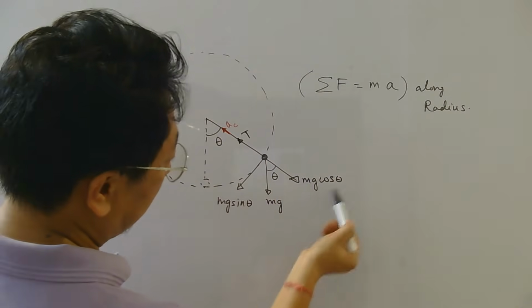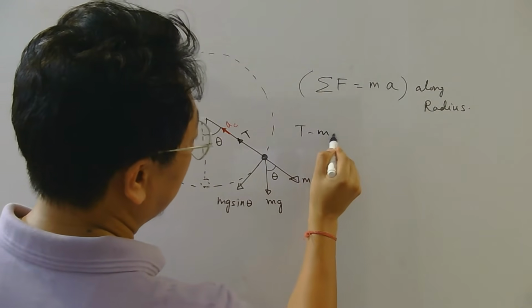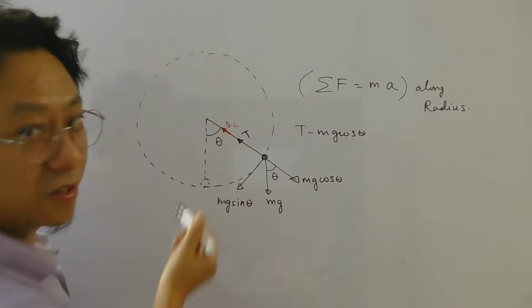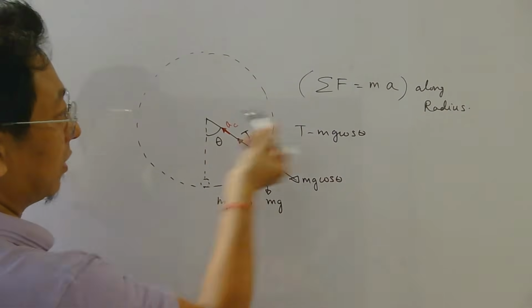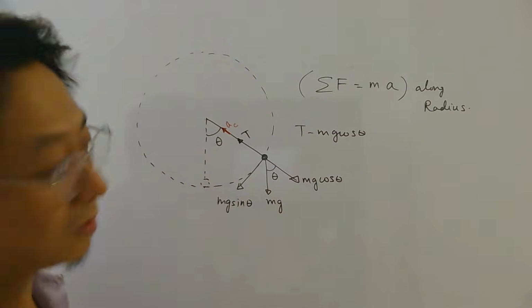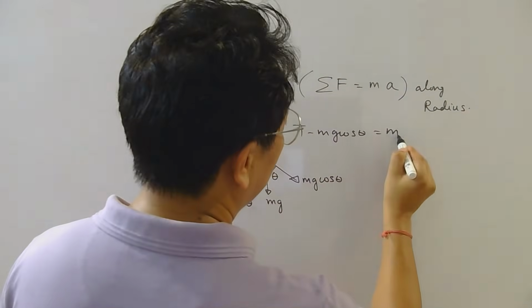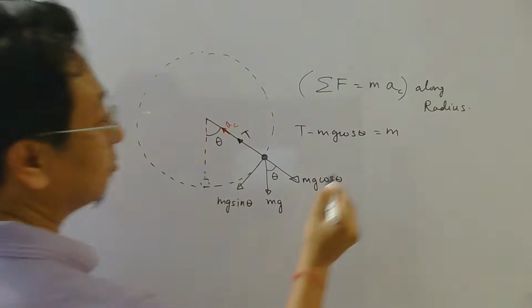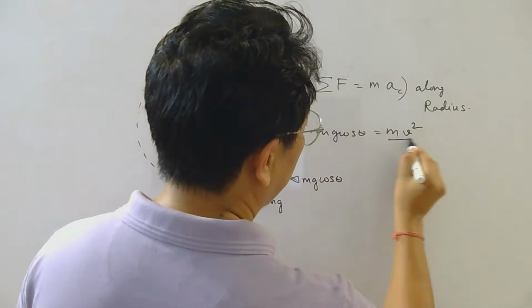Tension minus mg cos theta. Why minus mg cos theta? Because mg cos theta is in the opposite direction to tension, right? So total force this side is tension minus mg cos theta, which should be equal to m into acceleration towards the center, which is centripetal, and the formula for that is v square by radius.